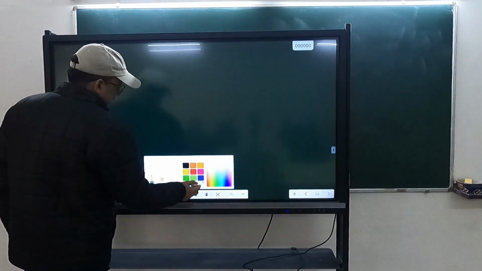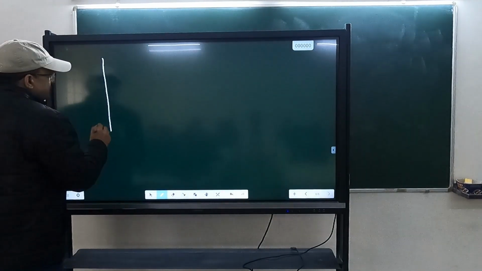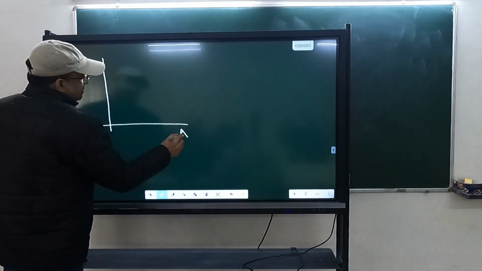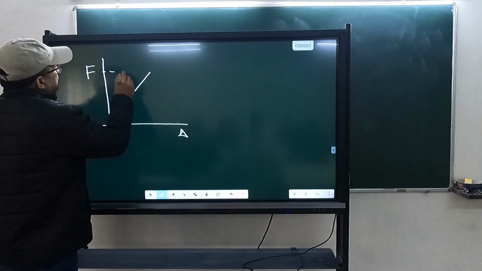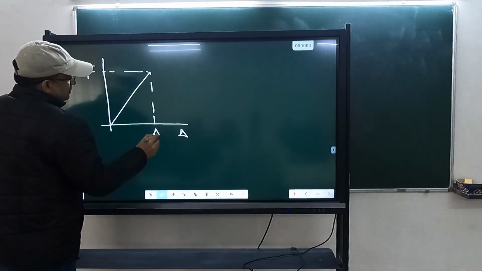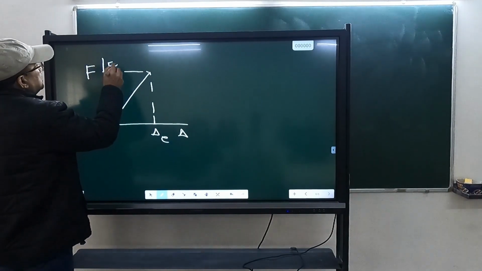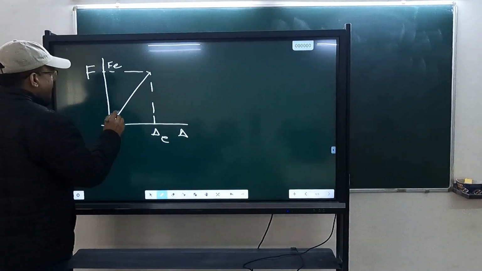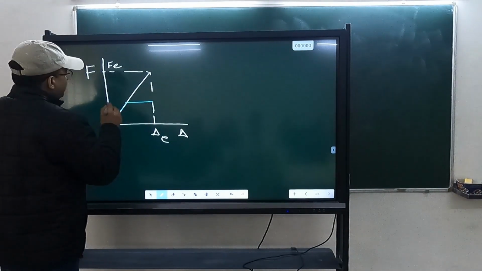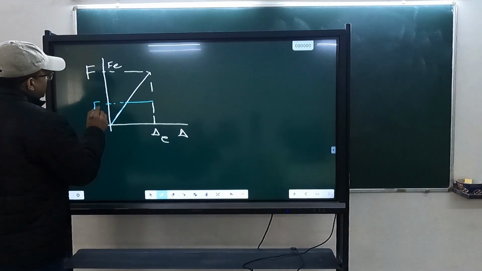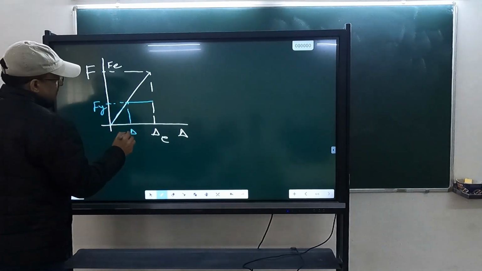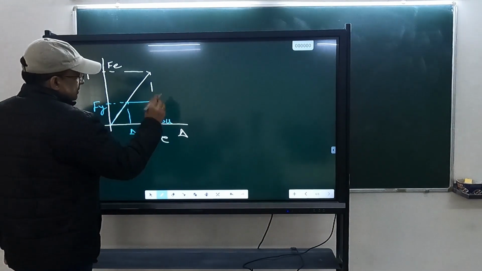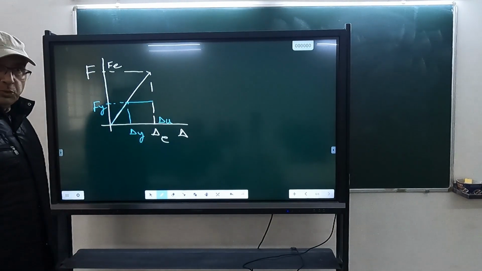If it is a hypothetical elastic structure, then the force versus displacement relationship is linear. This is the displacement of the elastic structure. In the inelastic structure, initially it will follow the same path. Then this is our Fy. This is delta y. This delta inelastic is the same as delta u.